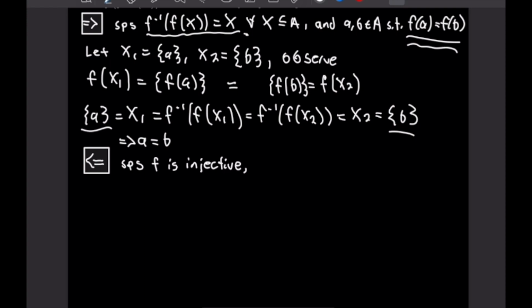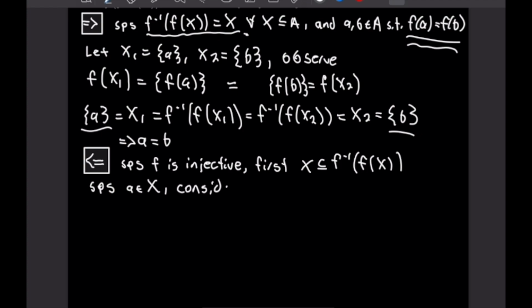And first we are going to show the forward inclusion. So first we're going to show that x is a subset of the pre-image of the image of x. We're going to do that by the following. We're going to suppose that we have some element a, which is in x. And then we are going to consider f of a, which will be in f of x.